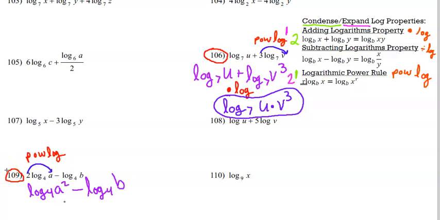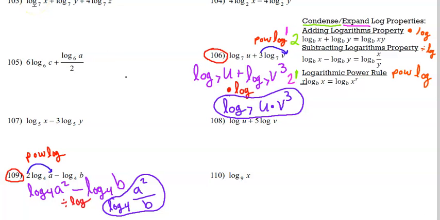And then you would do your quotient property. You divide a squared by b. So then you have log base 4 of a squared divided by b. And that is your condensed expression.